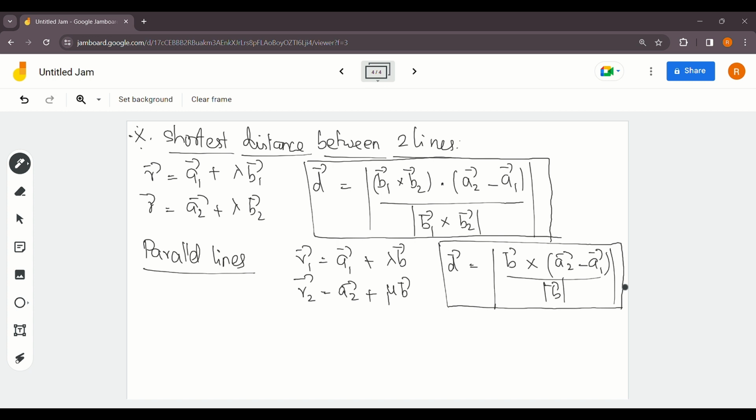Now with this, all the concepts of this lesson are over. Now we'll go to the sums directly. Important numericals.